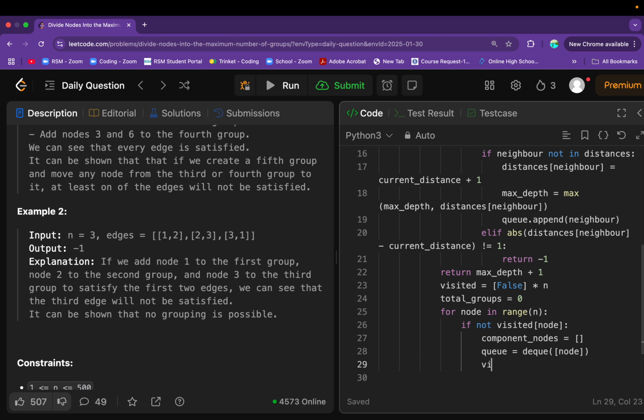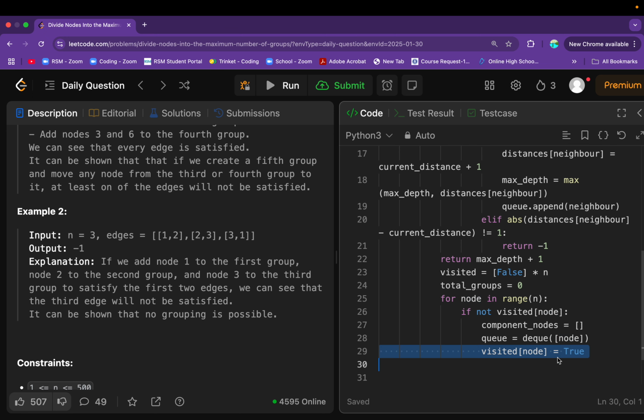And we're going to set visited at the node to true, because we're now marking it as processed or visited in this current iteration. The component nodes will store all the nodes in the component, and this queue has the same purpose, building off of it for the exploration of its neighbors to find all the nodes in its specific component. And here, we're simply marking the current node as true, because now we're processing it in this current iteration.